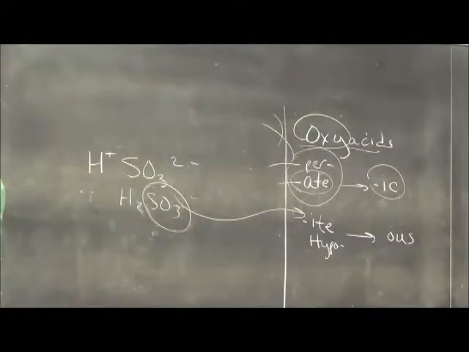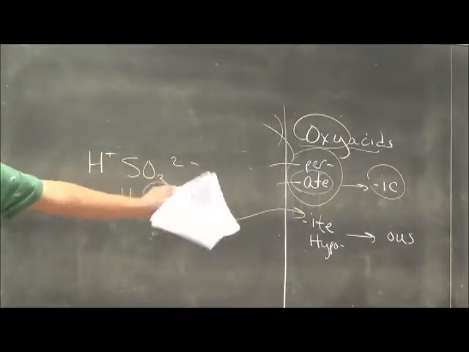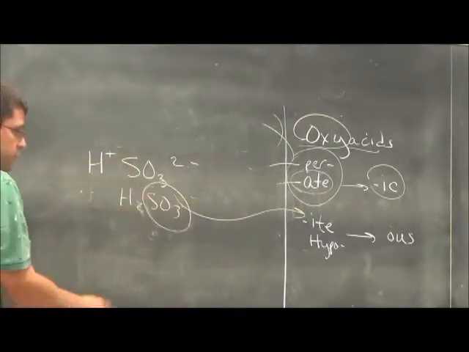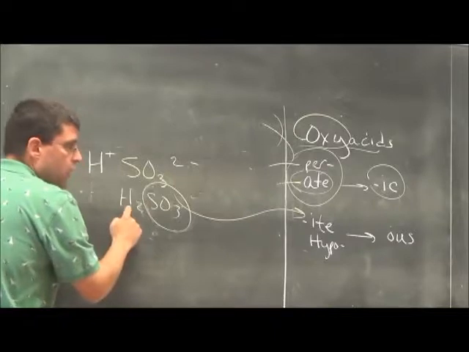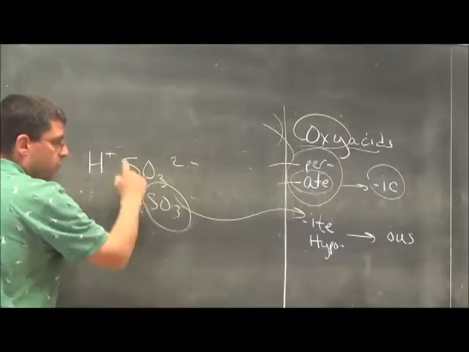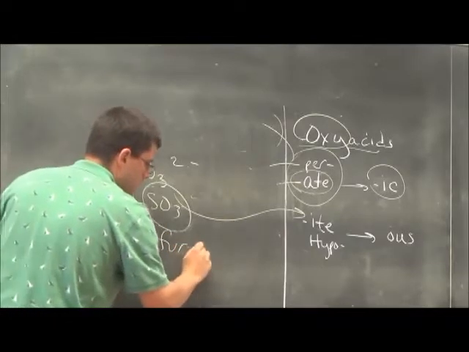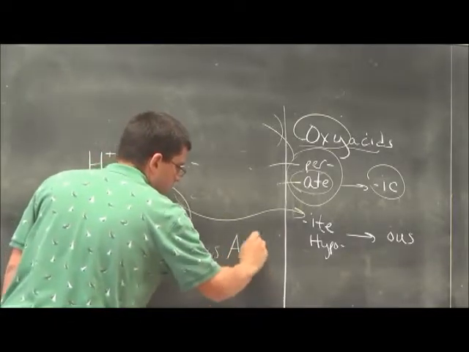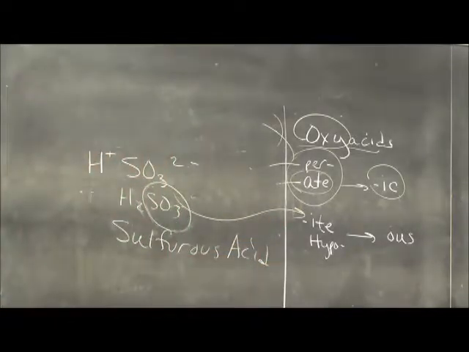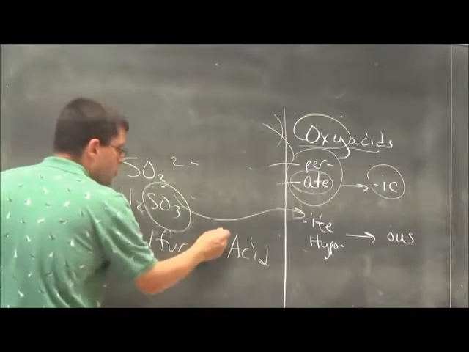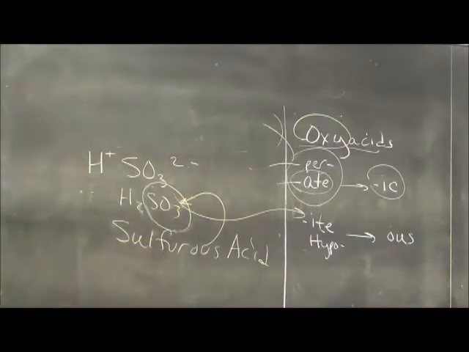Sulfuric acid is SO4. Ite ends in OUS. So take a look here. So instead of sulfuric acid, persulfuric acid, you've got sulfurous acid. And sulfurous acid, this OUS ending tells you it's sulfite.